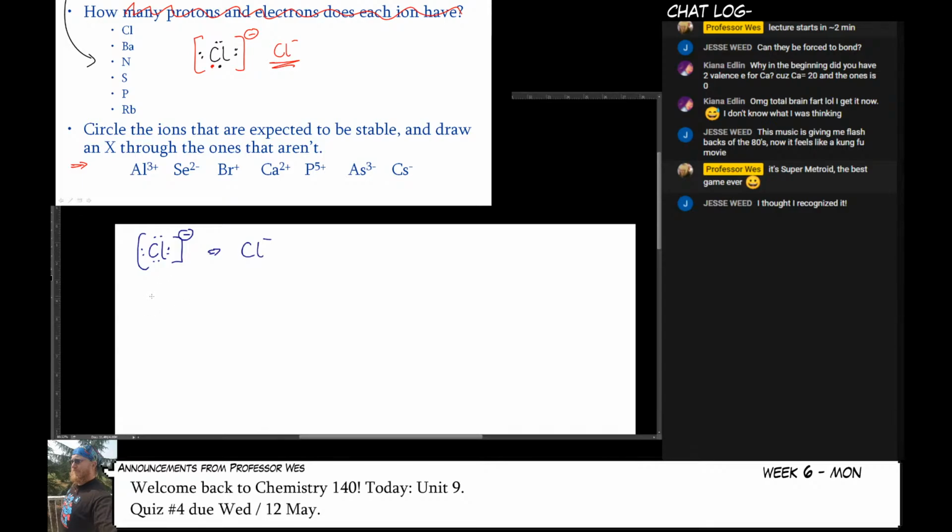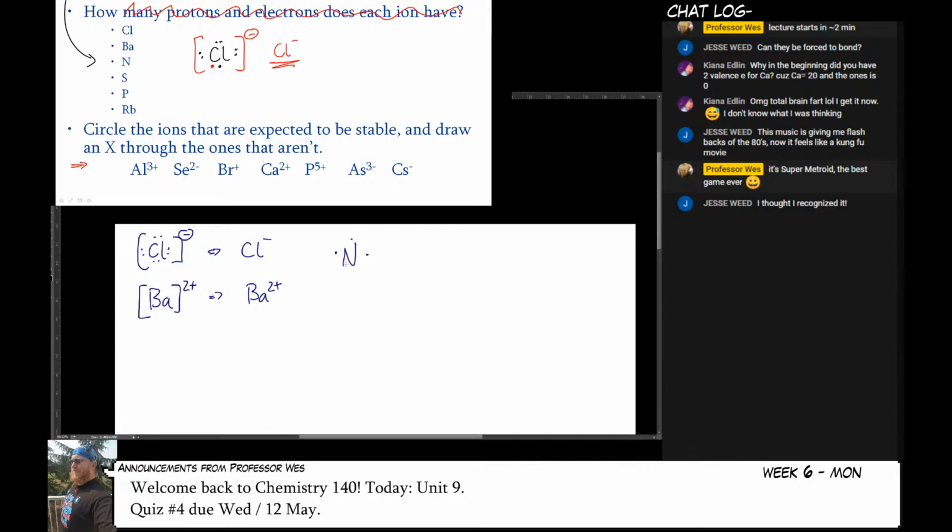For barium, it has 2 valence electrons, so I'm going to erase both of them. And that's the ion that would form, barium 2+. How about nitrogen?